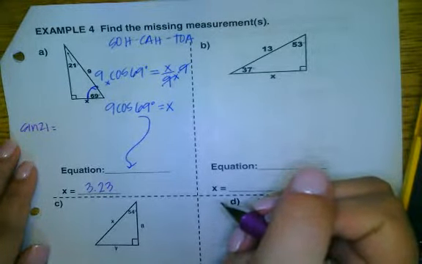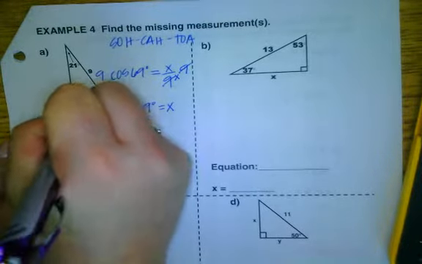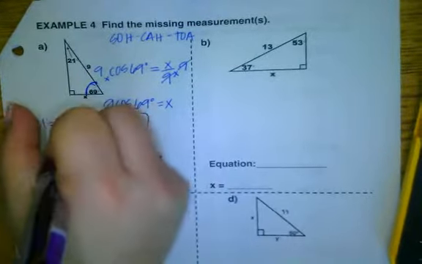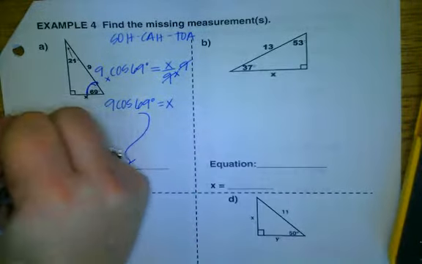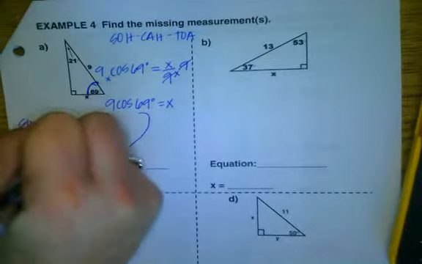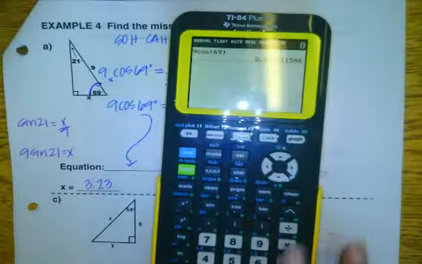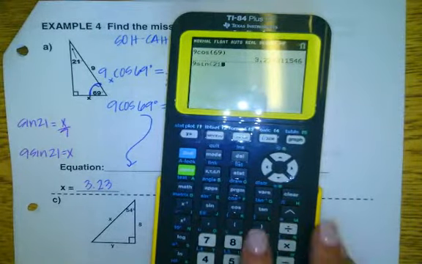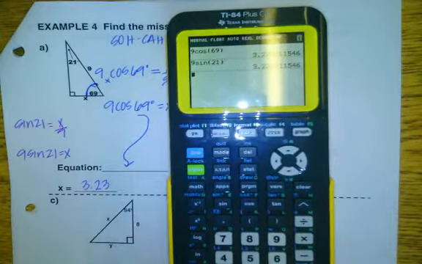So x would equal what, as far as the equation goes? 9 sine 21. And type that in your calculator. What do you notice? It gives you the same thing. So you'll know you did it right if you end up with the same thing.